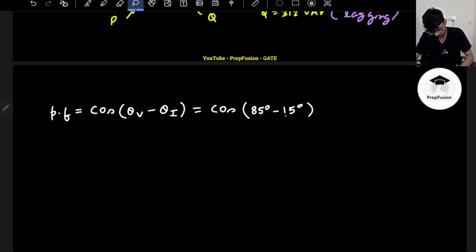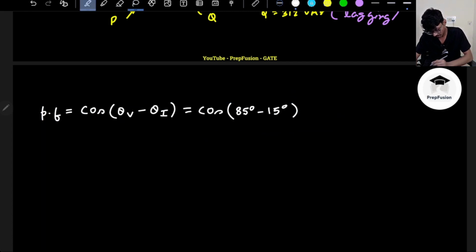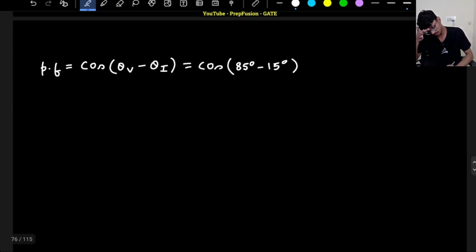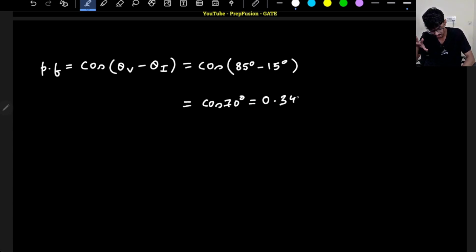Cos of theta v minus theta I, so this is cos of 70. Cos of 70 is 0.340 basically.